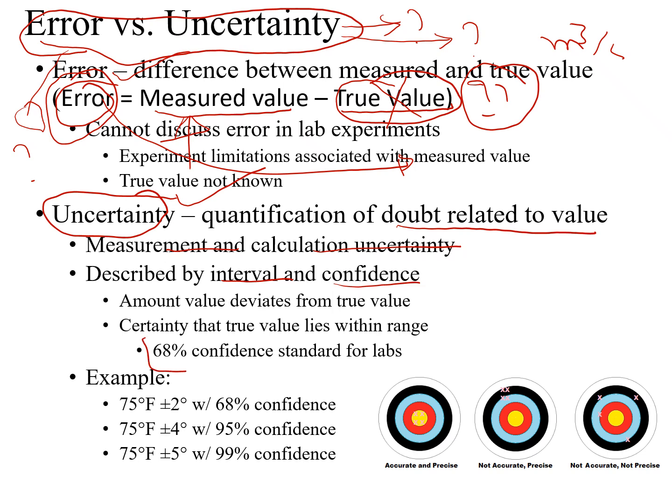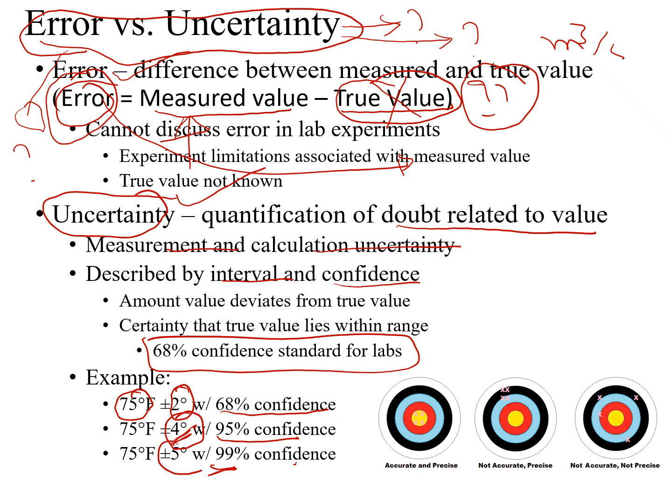You may say at 68% confidence, this is the mean value and this is the uncertainty at 68% confidence. If the confidence is higher, the uncertainty value will also go higher. At 99% confidence, this is the value of uncertainty.